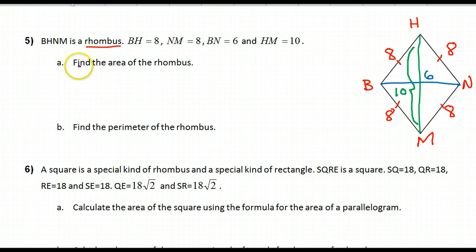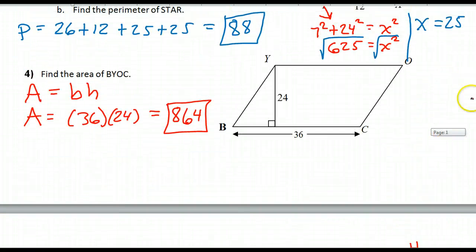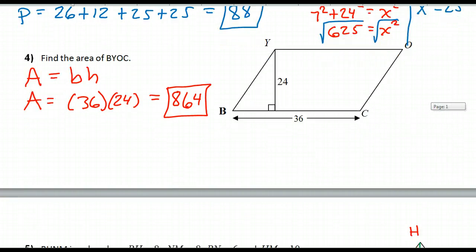Now, there are 2 ways to find the area of a rhombus. If I know the base and the height, which would be like the altitude of the rhombus, then, a rhombus is a parallelogram, so I could use the same formula that I used for number 4. Area is base times height.